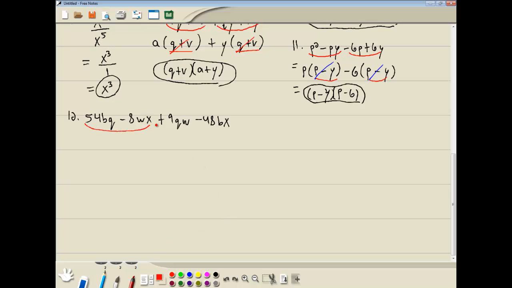So I group the first two terms together and the last two terms together. First two terms are both divisible by, what are they divisible by? At least 4, or not 4, 2. But that doesn't work with this.